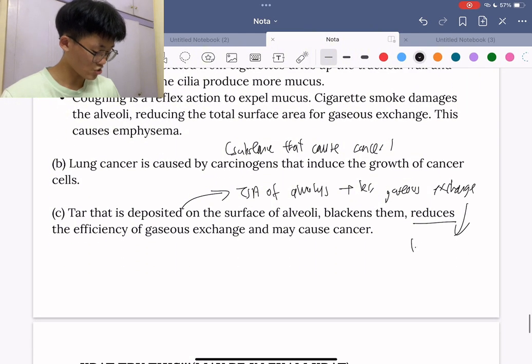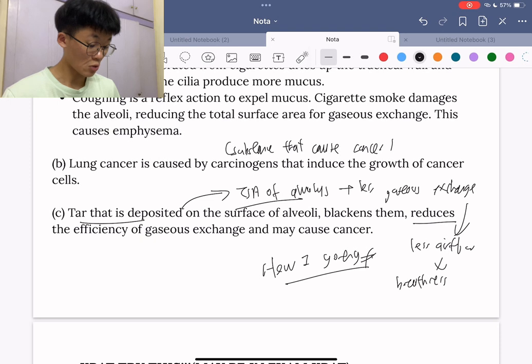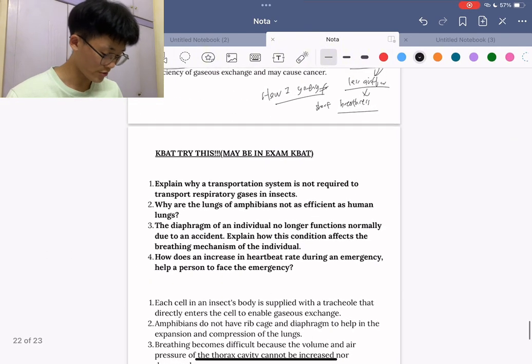When there is less gaseous exchange, less airflow, and you will feel what? Breathless. So you see how it goes. When tar is deposited, the total surface area of the alveolus will decrease, right? And then less gaseous exchange, less airflow. You feel short of breath.